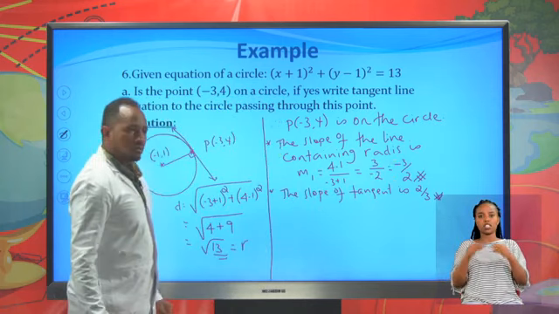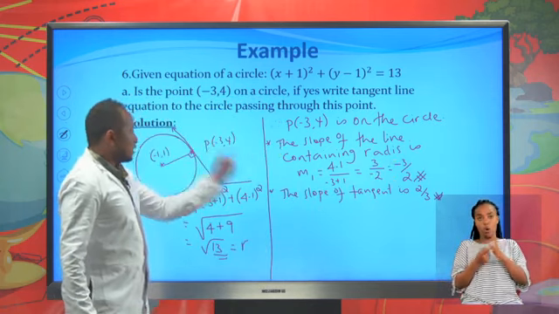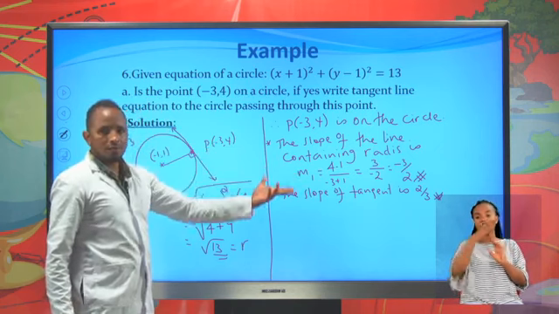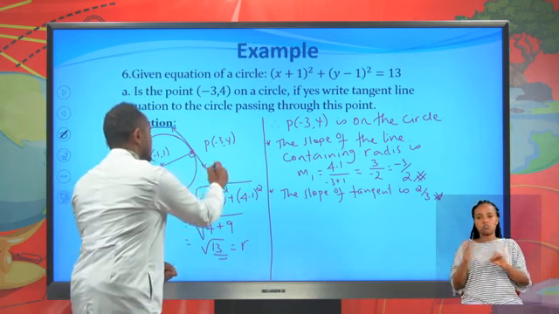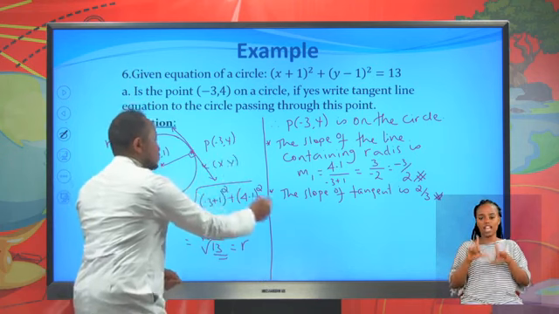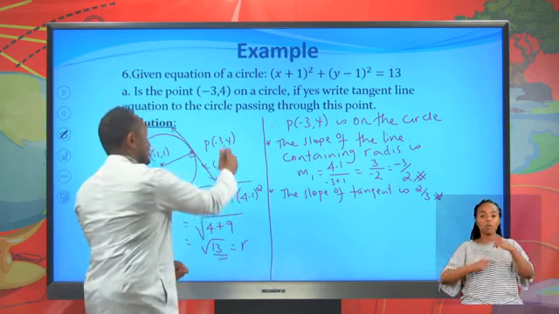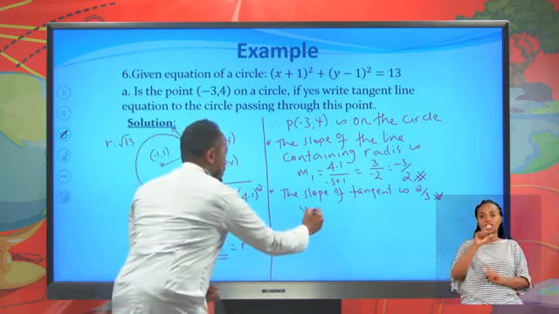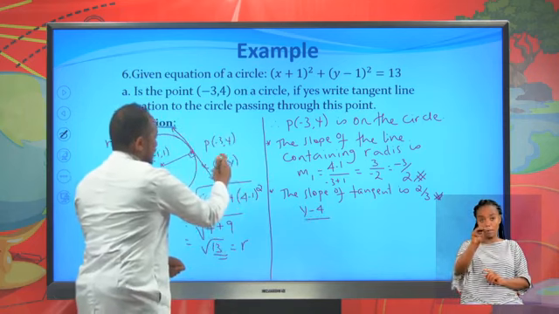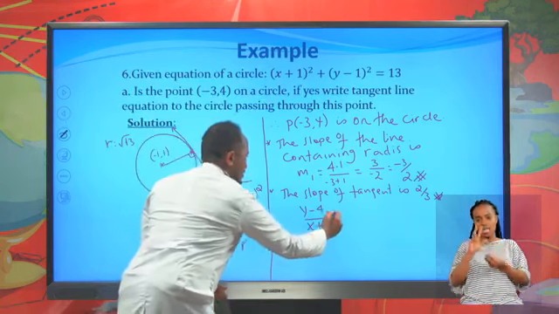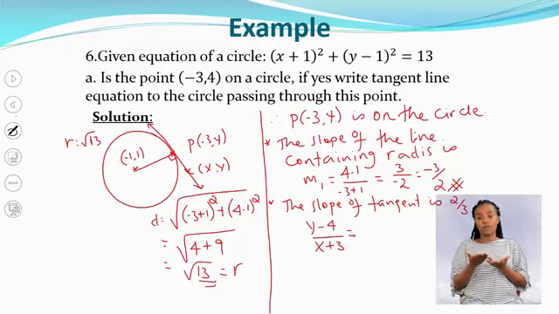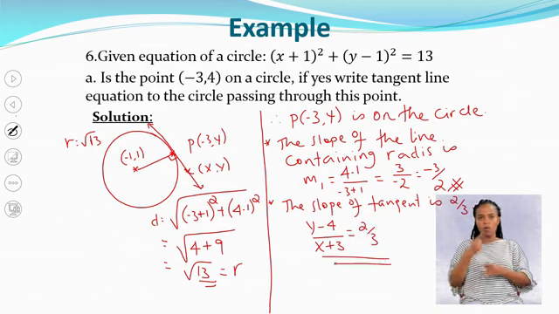Now we have a point and a slope, so we can write the equation. Take an arbitrary point (x, y) on the line. So the equation becomes (y − 4) divided by (x + 3) gives you the slope 2/3. Then you can rearrange or simplify this expression.